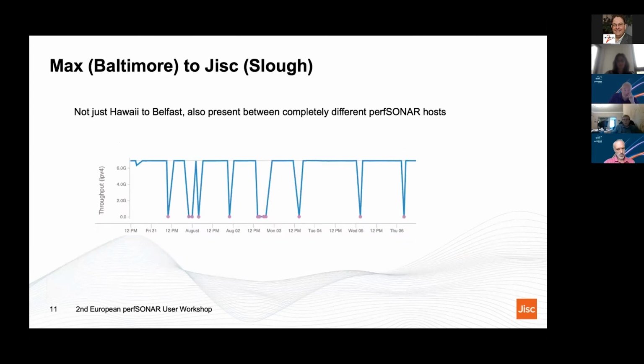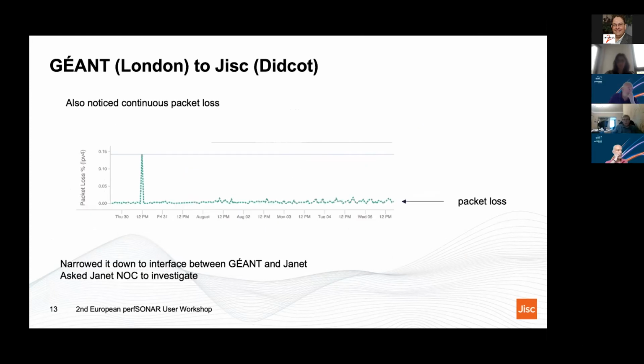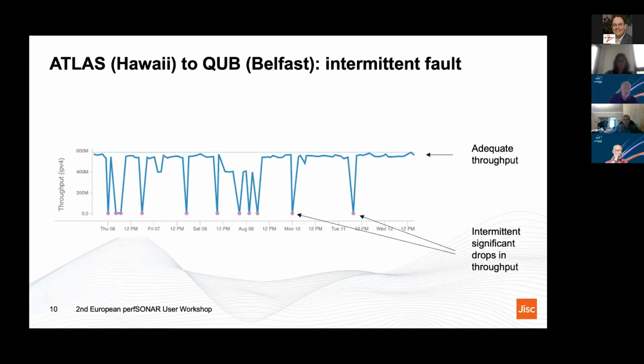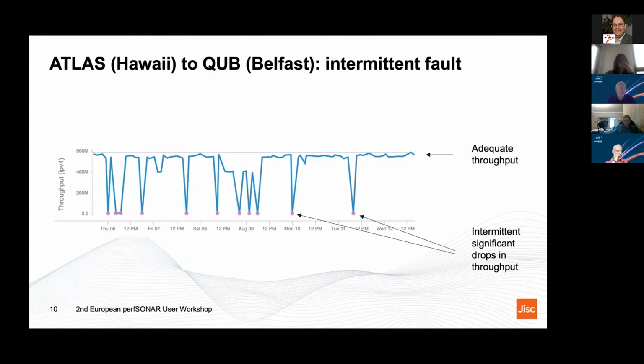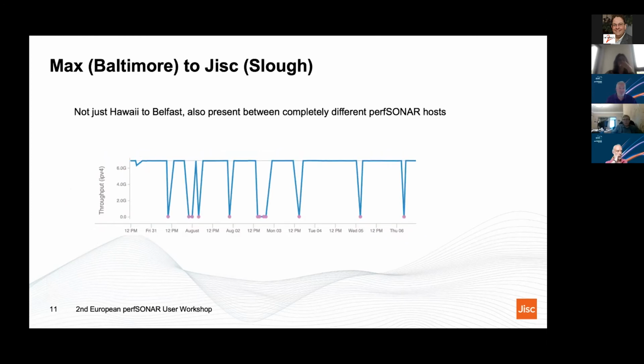Right. So the MAX in Baltimore is part of the ATLAS mesh, the mesh I mentioned. Is it listed there? No, it's not listed there. But if you go to the website, I think they have a DTN in MAX, and the others we just picked because we thought they might be useful.